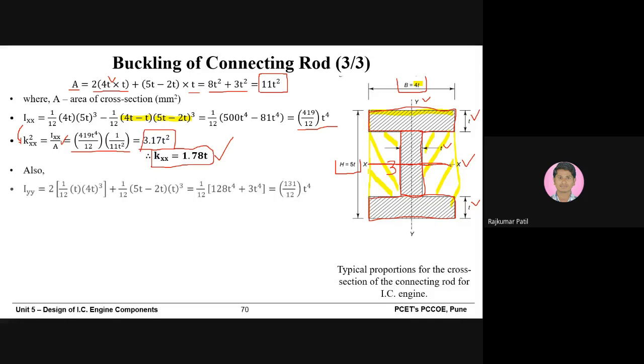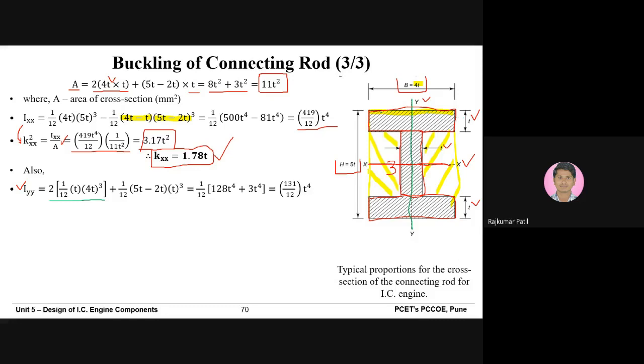Similarly, we will estimate the moment of inertia in y plane. So yes, you can see the y axis or y plane, and you can see it is equal to 2 into 1 by 12 into t into 4t cube.